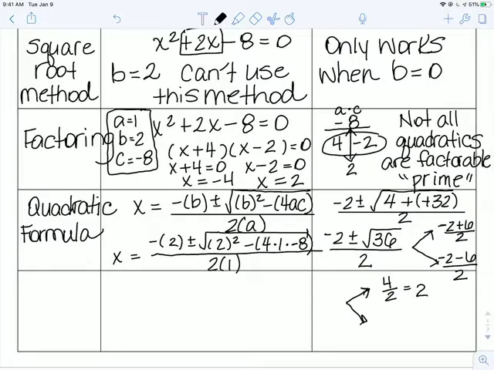And then negative 2 minus 6 is a negative 8 divided by 2, which is a negative 4. And if you remember, those were the 2 solutions we found when we used factoring as our method. So we're getting the same values for x1 and x2 using a different method.